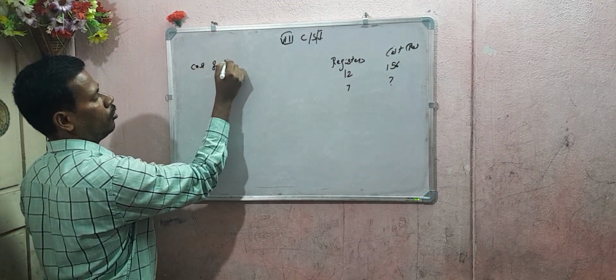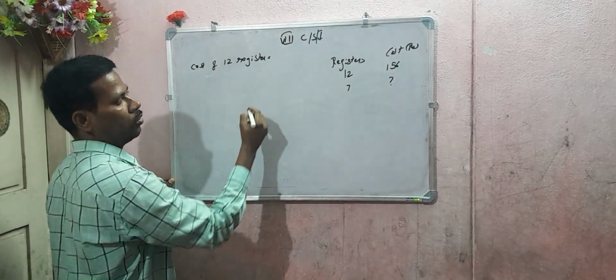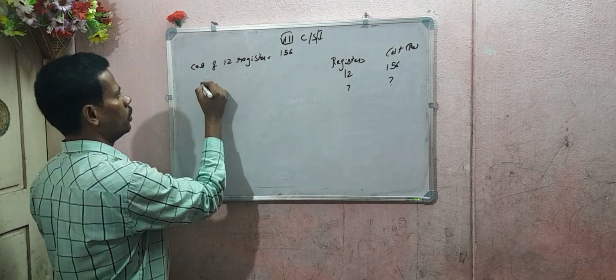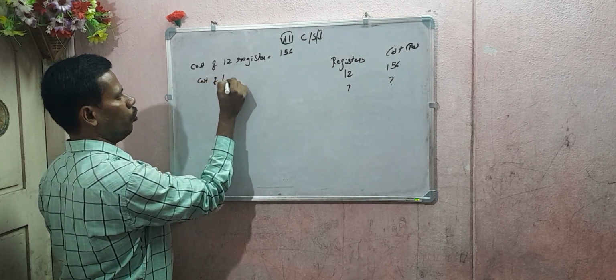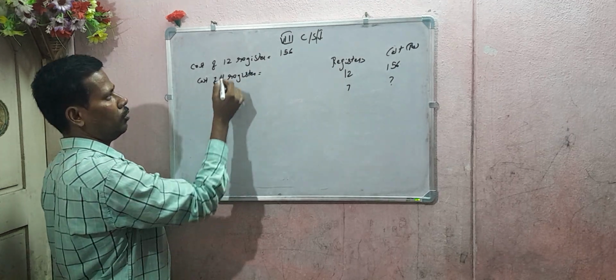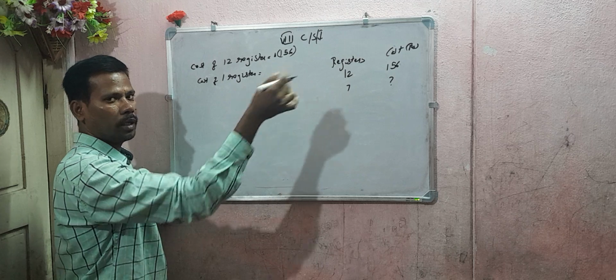Cost of 12 registers is equal to 156. Cost of one register: tell me, 12 registers cost rupees 156, so for one register you will pay less or more?